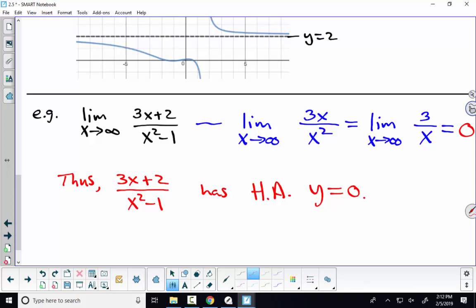Since a lot of you don't remember the degree of the numerator, degree of the denominator stuff, I think that's probably actually good, so you can practice evaluating limits at infinity and then interpreting what that tells you about the horizontal asymptote. Otherwise, we have a tendency to default back on prior knowledge. Just because we're more familiar with it, we assume that it's easier. But just because we're familiar with all of those criteria, it doesn't actually mean it's easier. We would just have a tendency to default to it because we already know it.